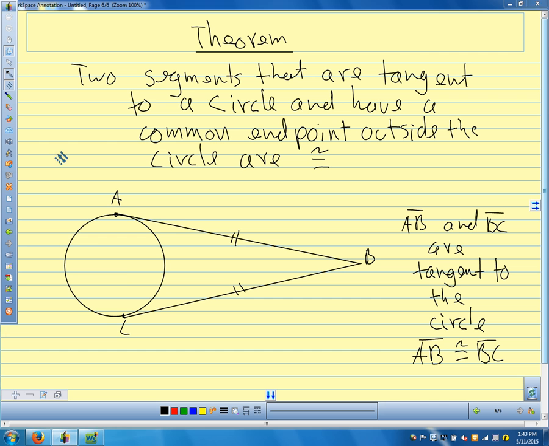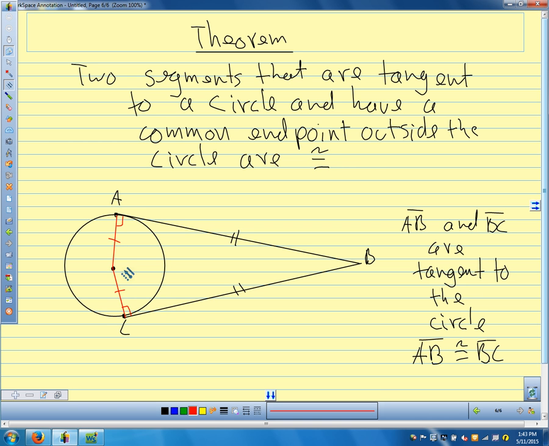And if we wanted to show why this is true, we would draw in two radii. The radii are congruent, so those segments are congruent because they're both radii. Those are 90-degree angles because they're tangent.